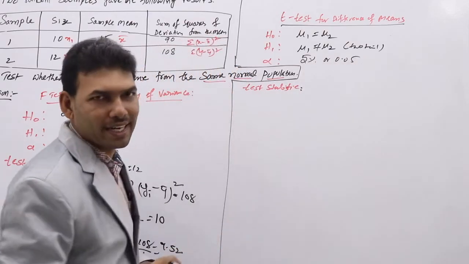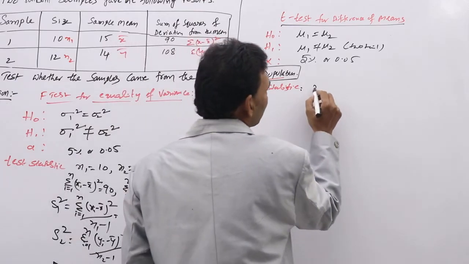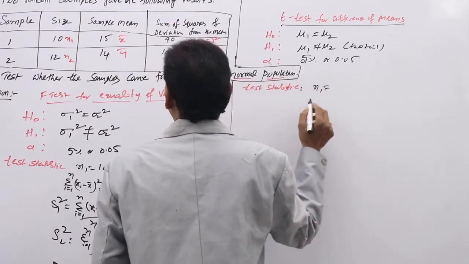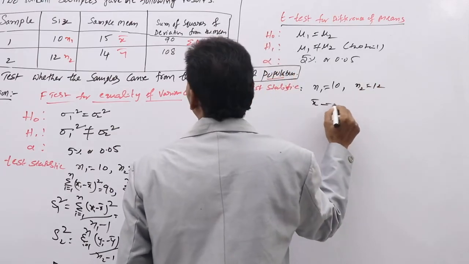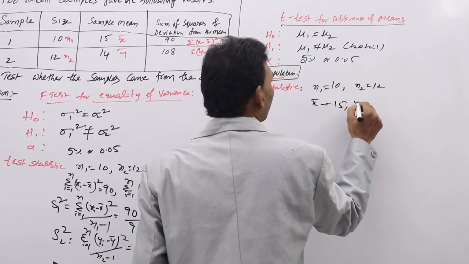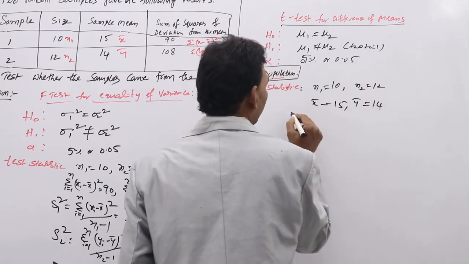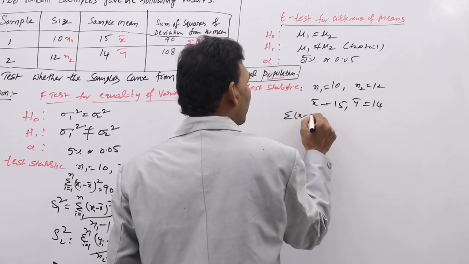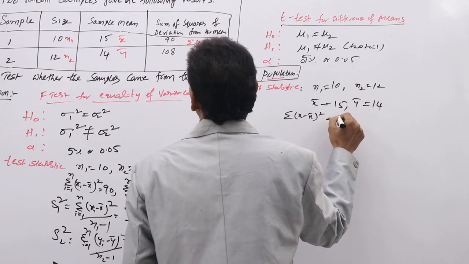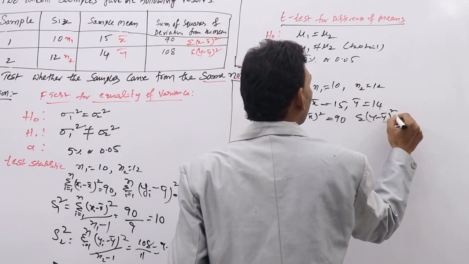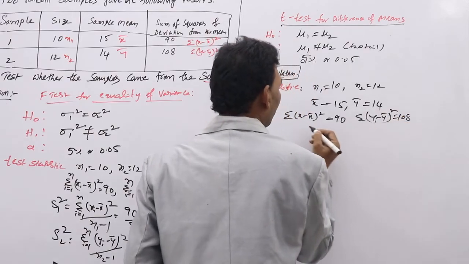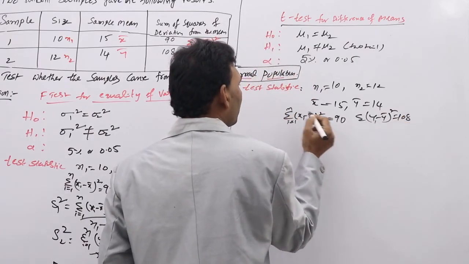Coming to the test statistic, the data is given like this: N1 is 10, N2 is 12, X bar is 15, Y bar is 14, sigma of (X minus X bar) whole square is 90, sigma of (Y minus Y bar) whole square is 108, with i equal to 1 to n.